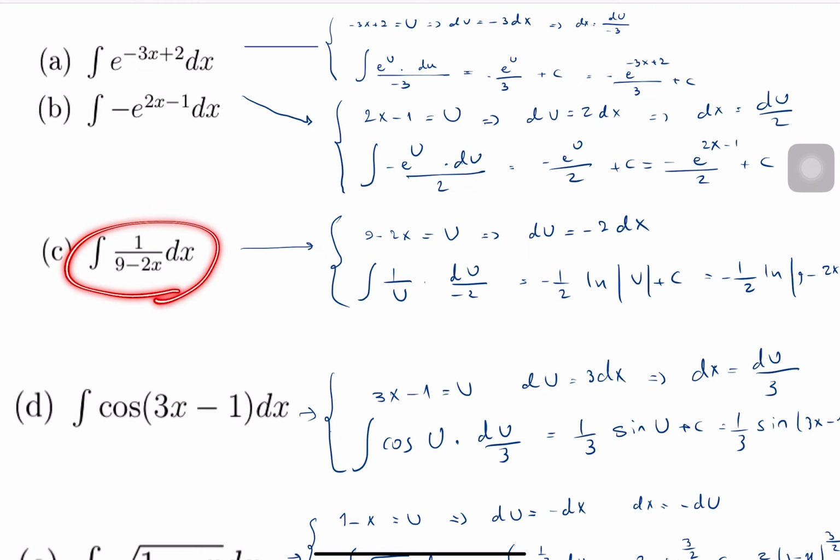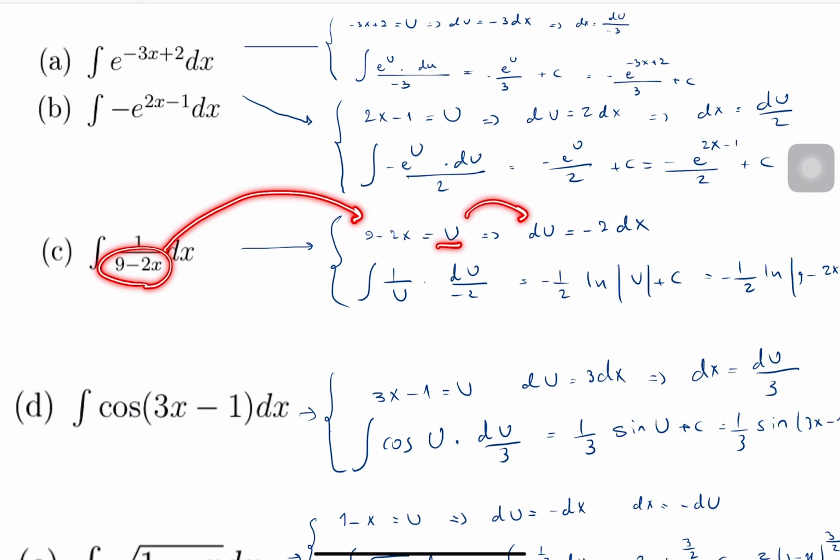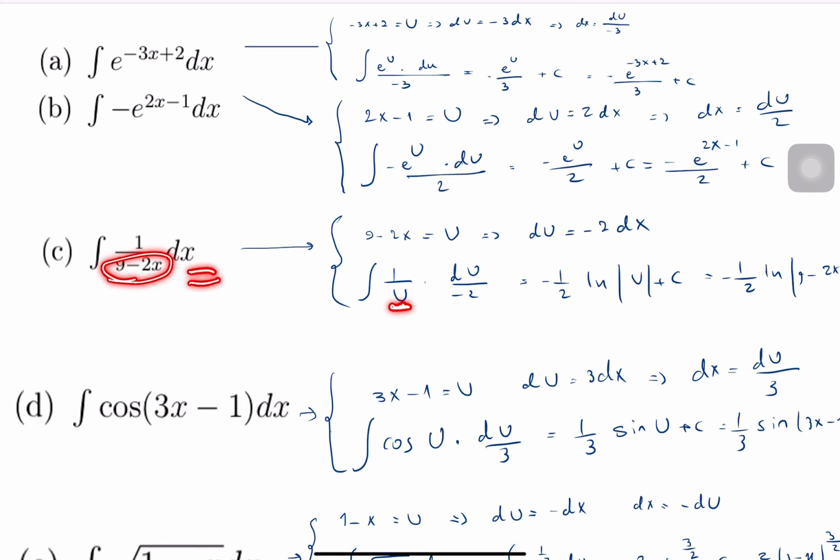For this type of question, 1 per 9 minus 2x, I can put u instead of 9 minus 2x. The derivative of this equals minus 2 dx. I put u instead of 9 minus 2x, and instead of dx I put du per minus 2, because as you see here, I can find dx equals du per minus 2.